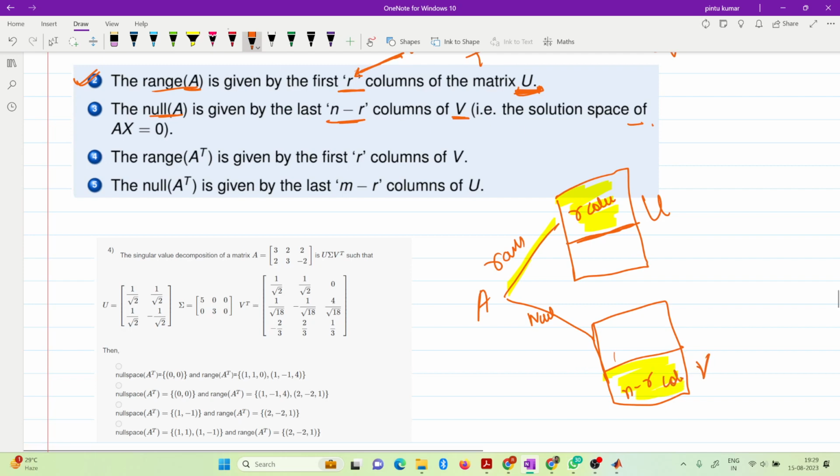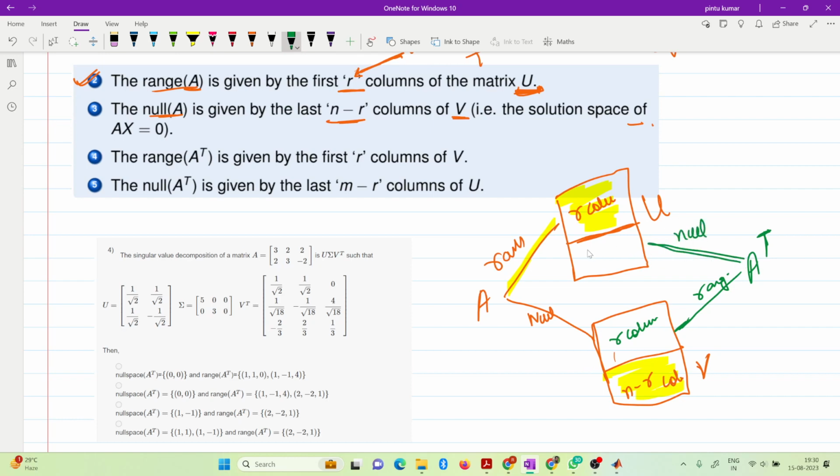Now, if A is a linear transformation, so is A transpose. The range space of A transpose is the first R columns of V. Whatever is left, the M minus R columns of U, is the null space of A transpose.